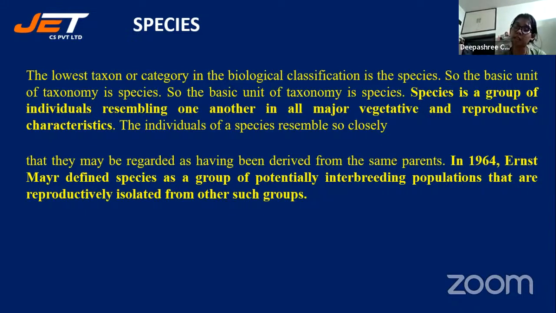They almost live in the same environment, and their reproductive characteristics and our reproductive characteristics are also almost of the same kind. We both reproduce by sexual mode of reproduction, not vegetative methods. Chimpanzees also eat fruits and humans also eat fruits.